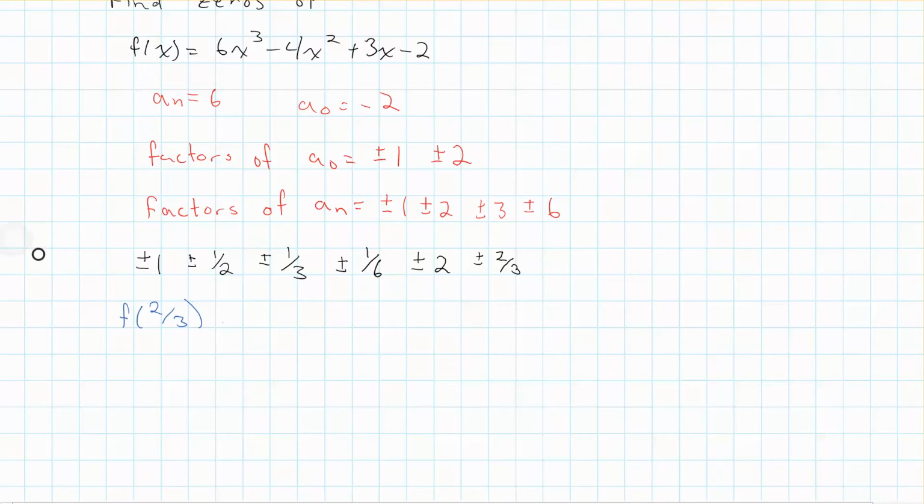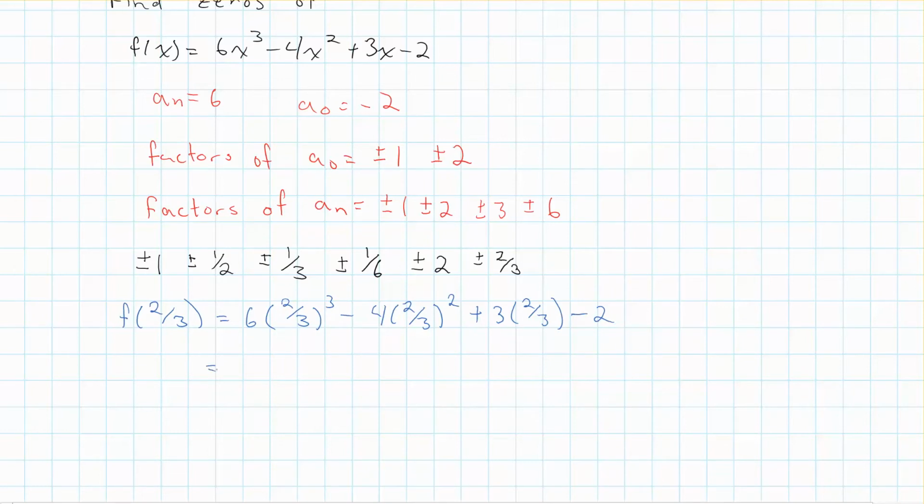But as far as the arithmetic, this would be 6 times 2/3 cubed, minus 4 times 2/3 squared, plus 3 times 2/3, minus 2.